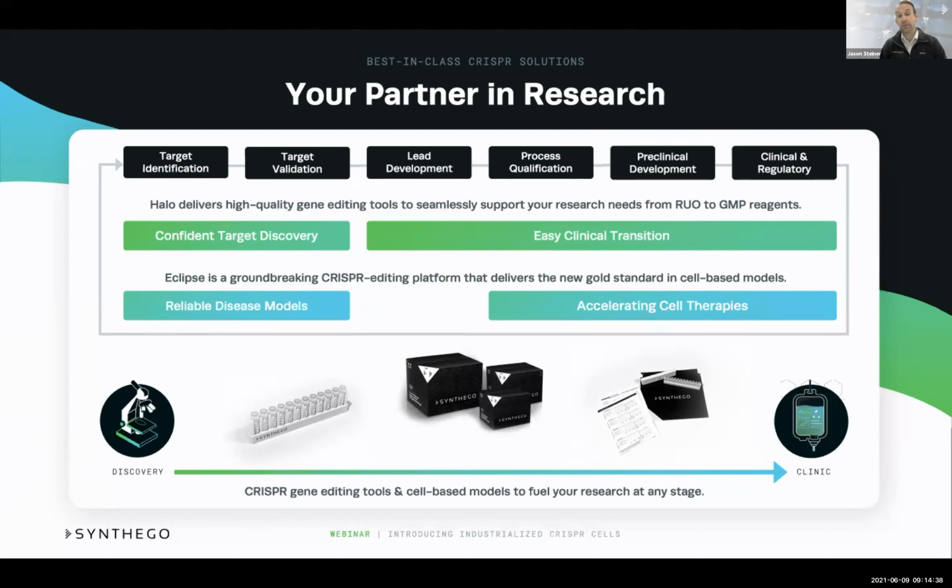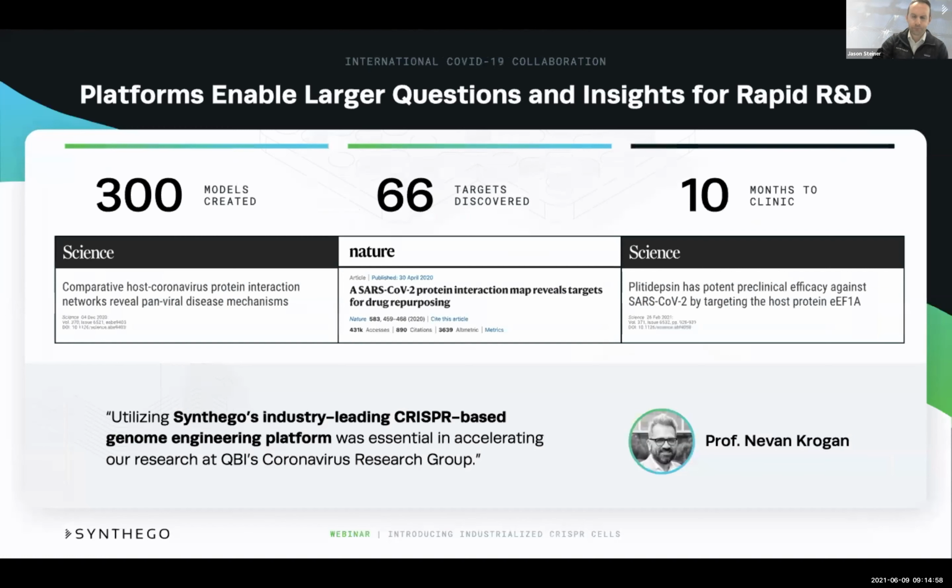So we have both genome engineering tools and we have a suite of genome engineered cells for things like target discovery, scalable disease modeling, GMP manufacturing, with the goals of really accelerating the transition and the process of discovery research all the way through clinical introduction. So we provide a continuum of products across the spectrum.